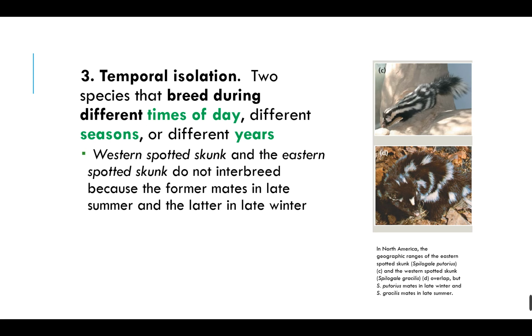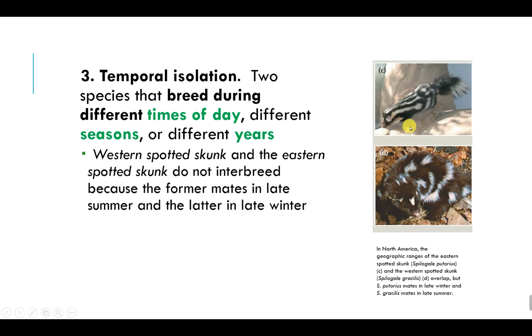The third barrier is called temporal isolation. Temporal is time. So these 2 species actually live in the same area, in the same habitat, and they also have similar behavior, but there is no interbreeding between these 2 because they breed during different times. In some species, it could be a different time of day, in some species a different season, in some species different years.